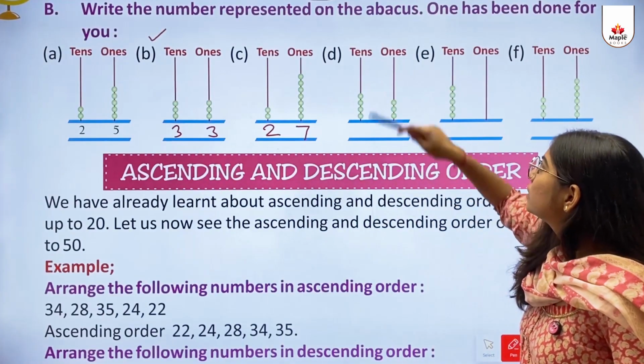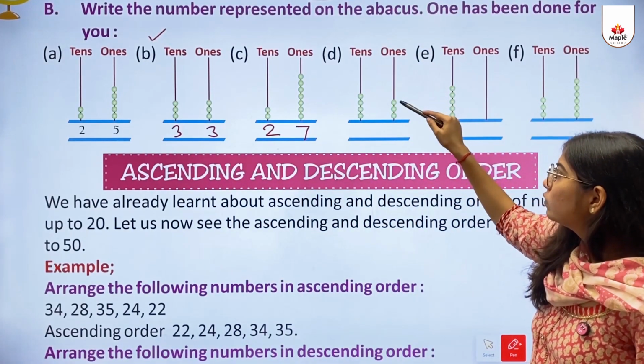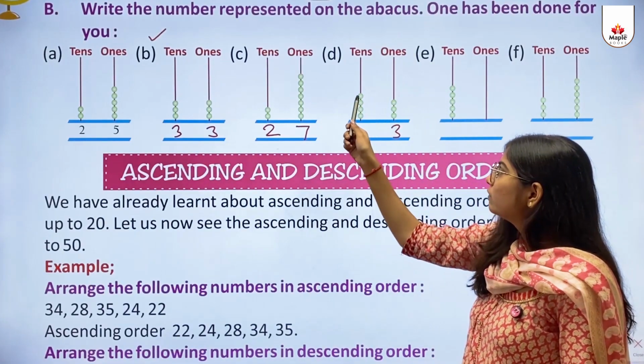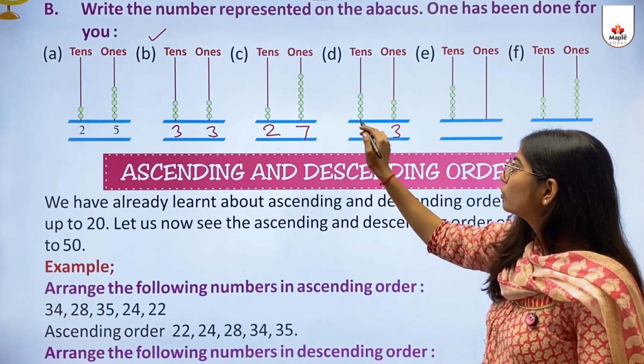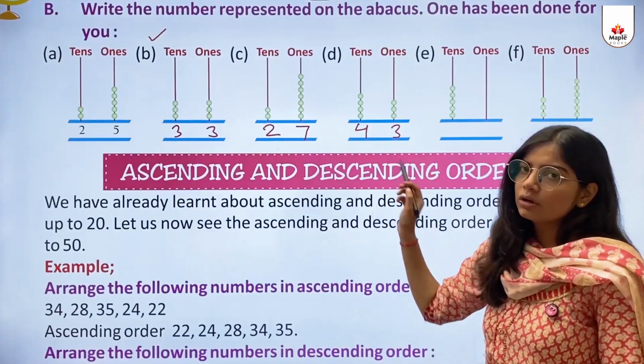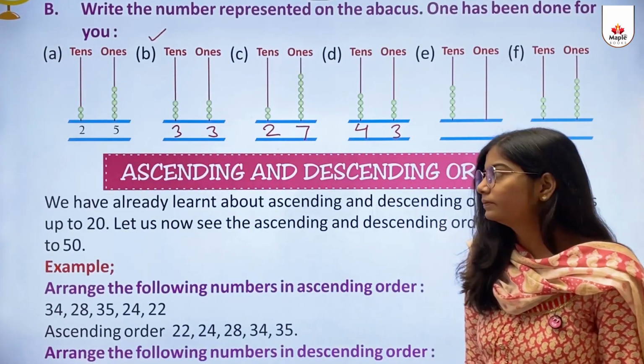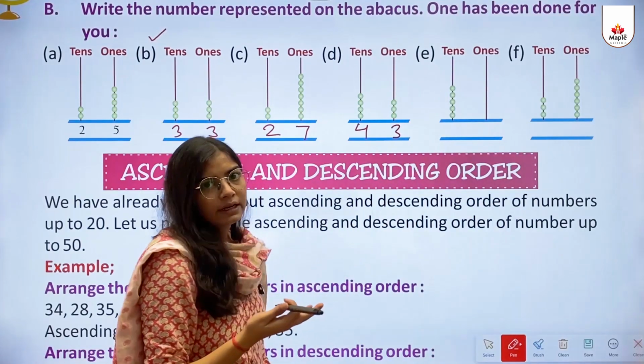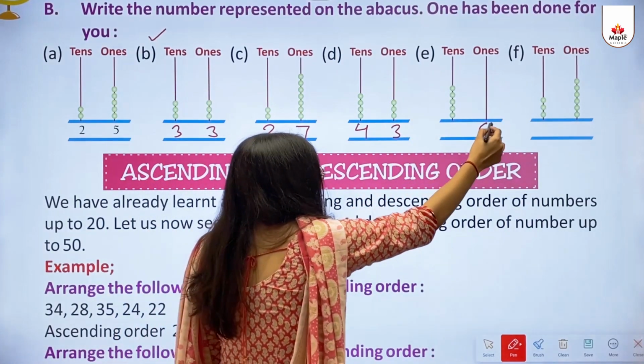Then D. Under ones we have 1, 2, 3. 3 beads. And under tens we have 1, 2, 3, 4. 4 beads. So the whole number is 43. Then E. Ones. We have no bead. So we'll write 0.